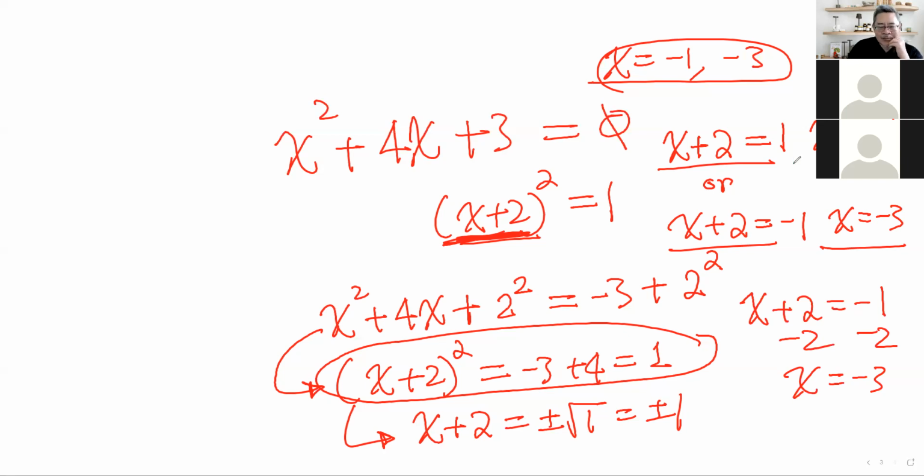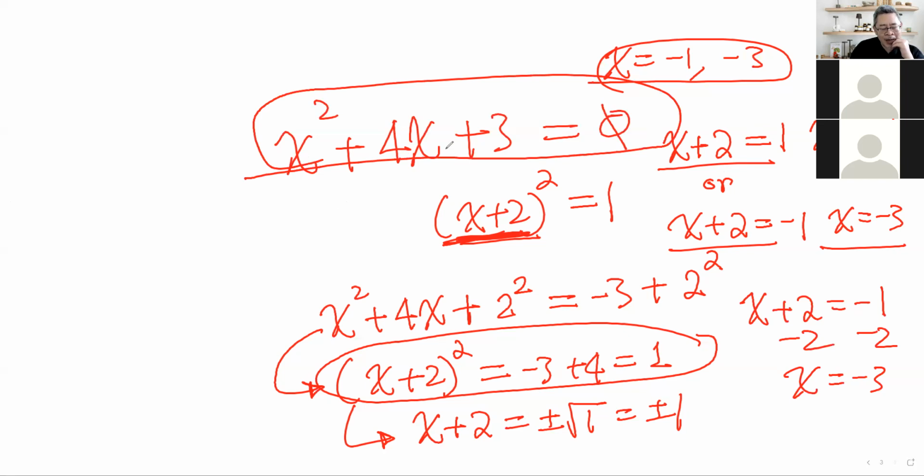Yep. Okay. So what we do in math is really just looking at the logical consequences, or logic progression. We start from this, and by completing the square, we got this. And in order for this to be true, we only have two scenarios.